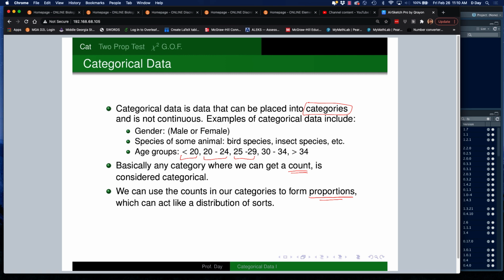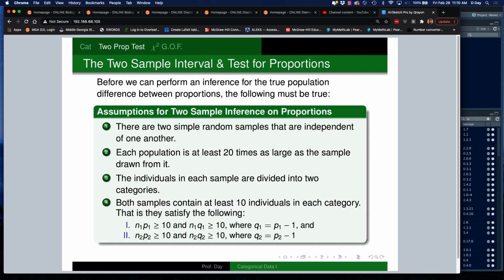And so proportions based off of that can be treated like the distributions we've seen of sorts. That's why we can use the Z distribution when we talk about how proportions are laid out. But we can also use the chi-square distribution when we talk about proportions as well. I'm not going to get into depth into why we can do those things here, as I don't think it's necessarily glaringly important for this course.